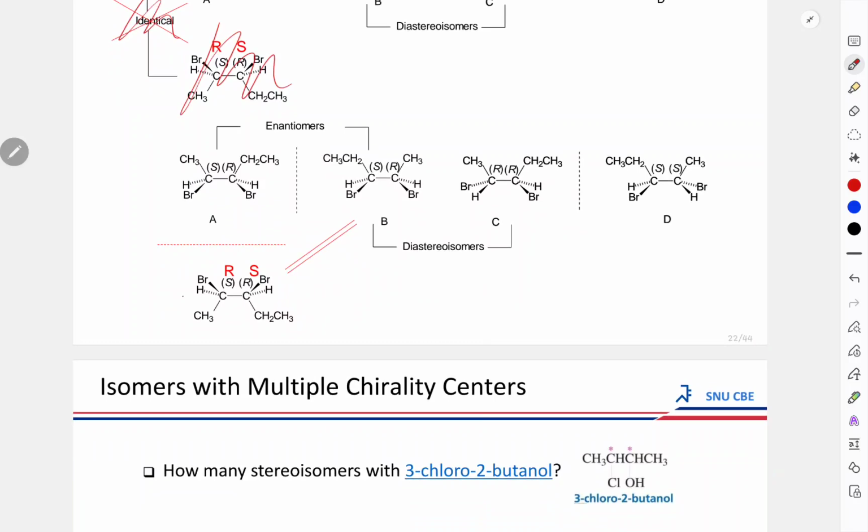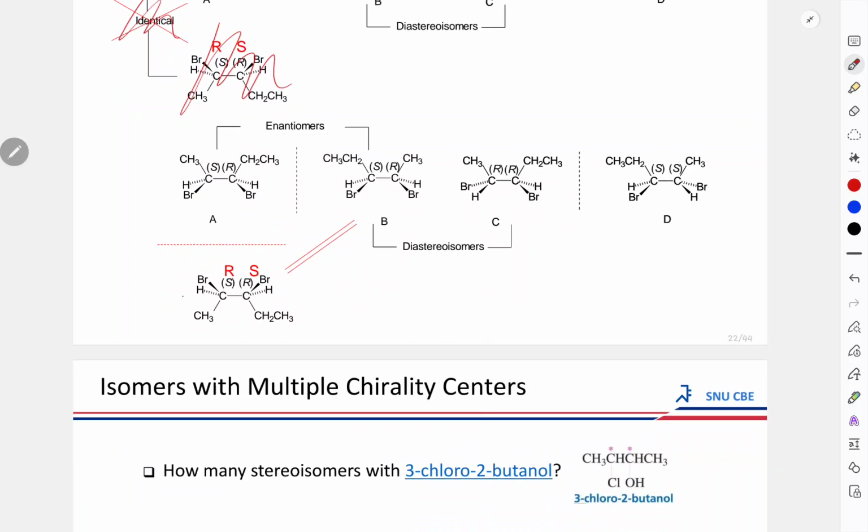But if they are in a cross relationship, we define it as threo. That's how you can designate erythro and threo names. It's a conventional way in which you can define the configuration.